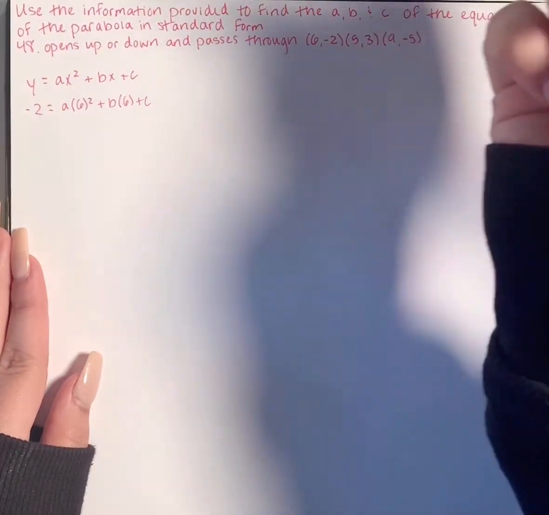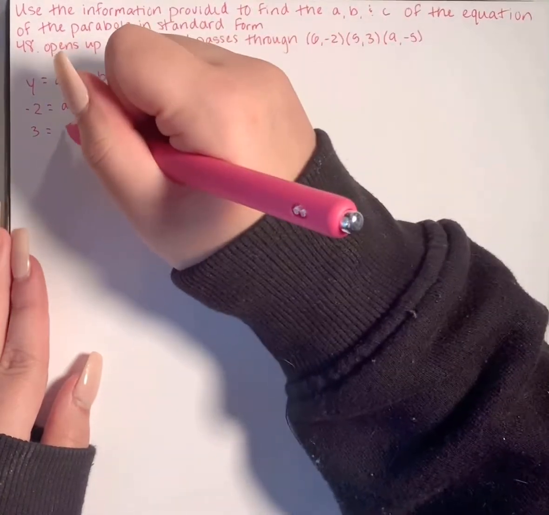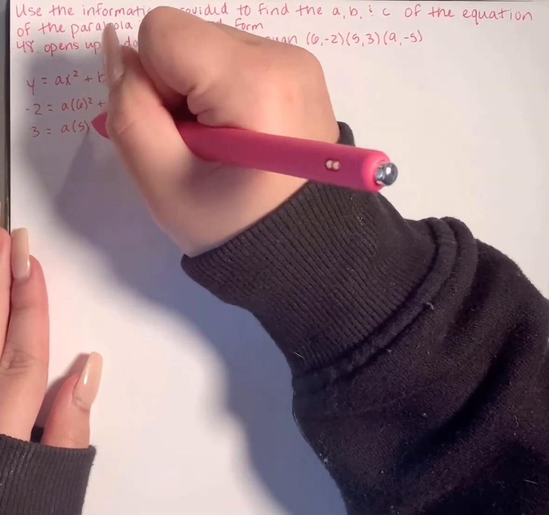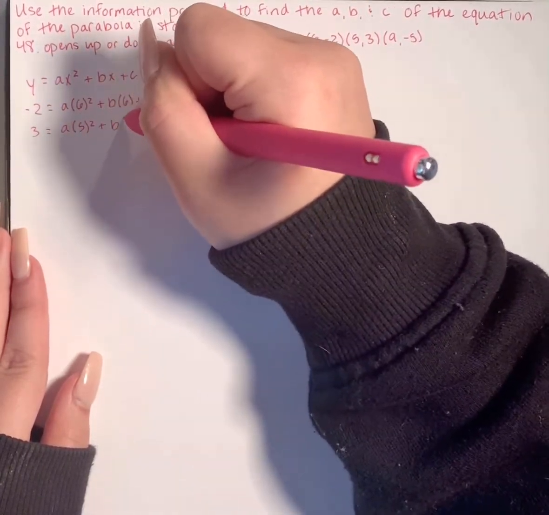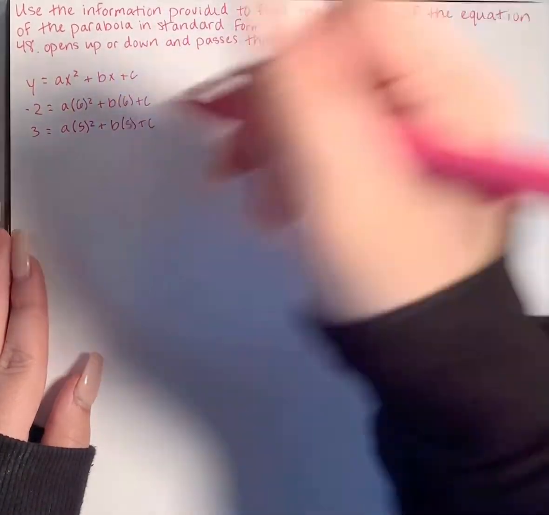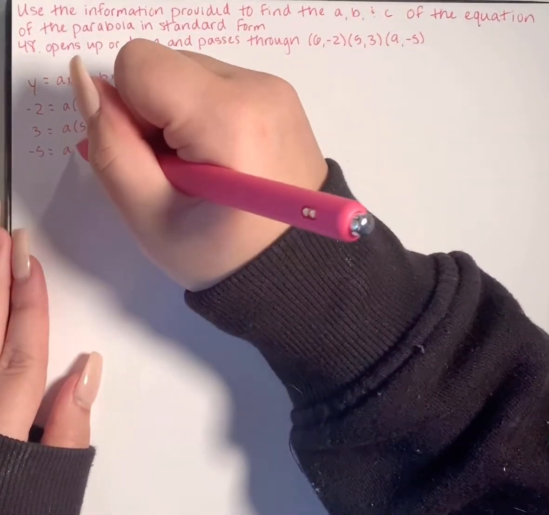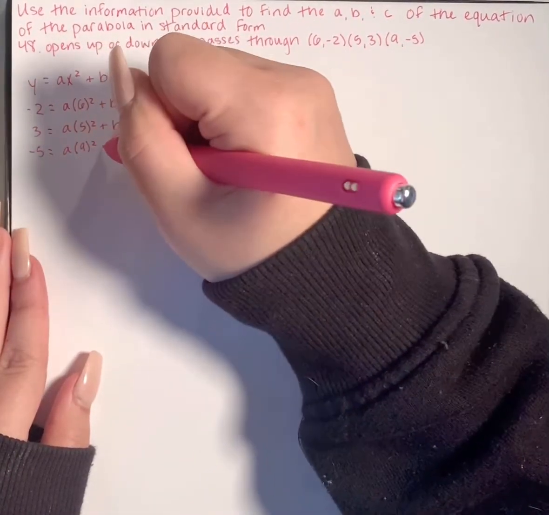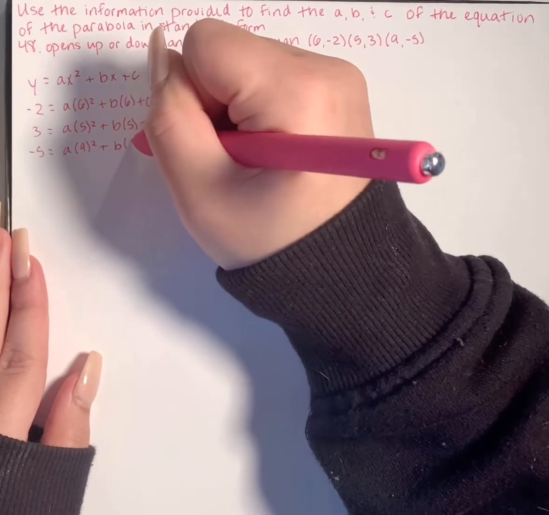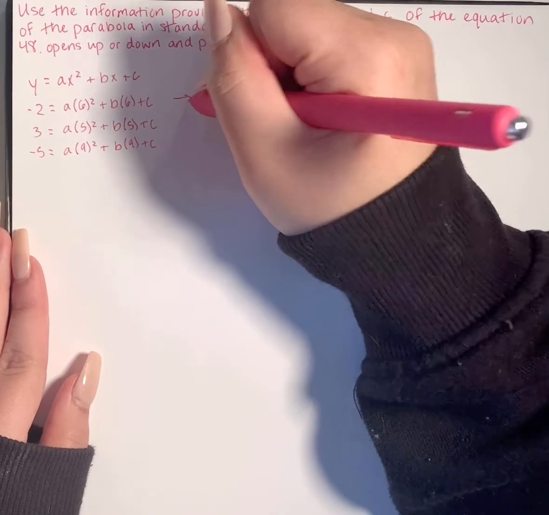And then our second one is 3 equals a 5 squared plus b 5 plus c. And then our third one is -5 equals a times 9 squared plus b times 9 plus c. And then we're going to simplify these.